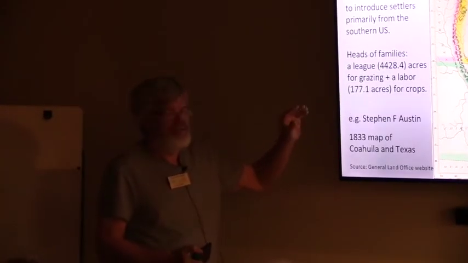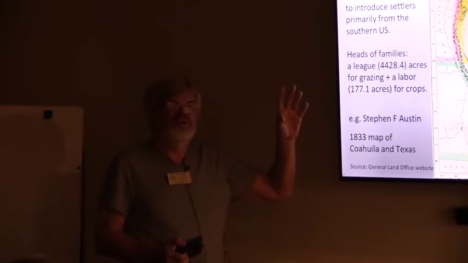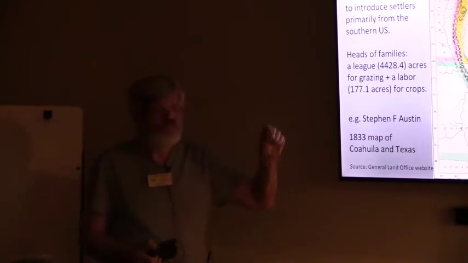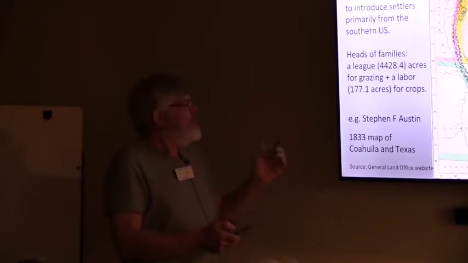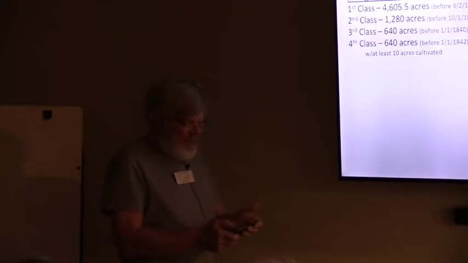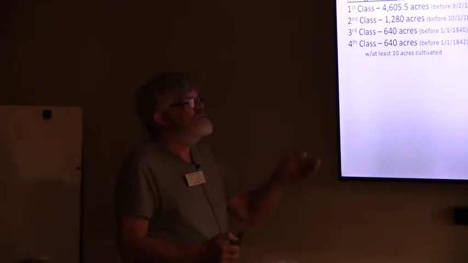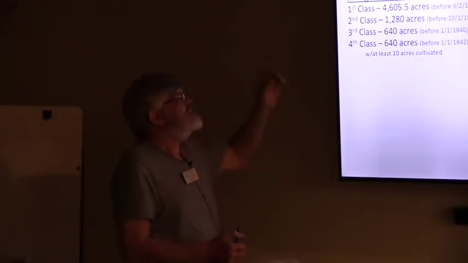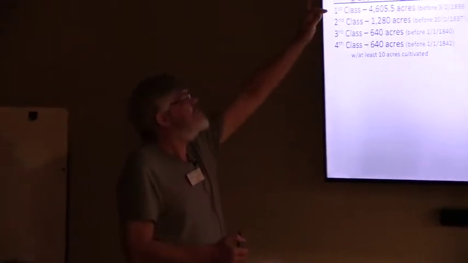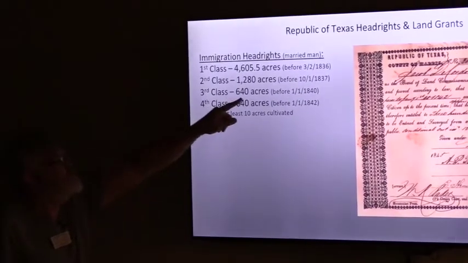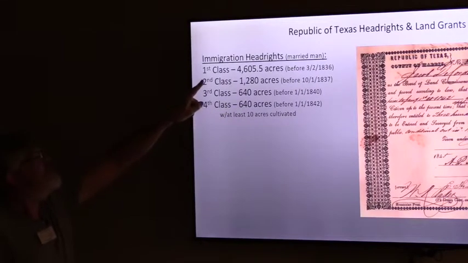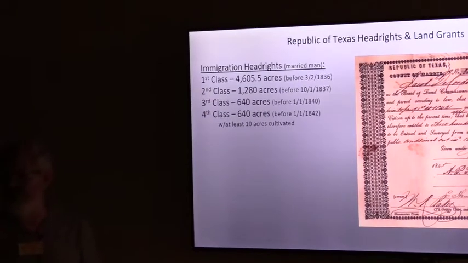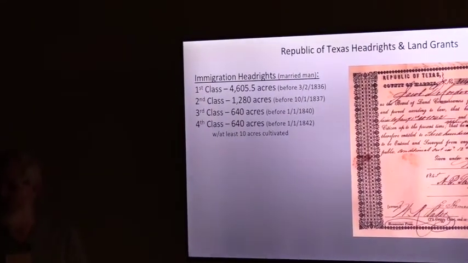They don't talk about acres, because they were still using the Spanish system of measurements. So when Texas won its independence, it said, you know what? We'll give the people that were here before we really started the big fighting, we'll give them the same thing the Spanish did, 4,600 acres.